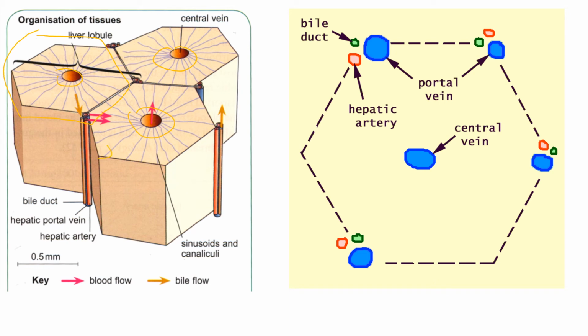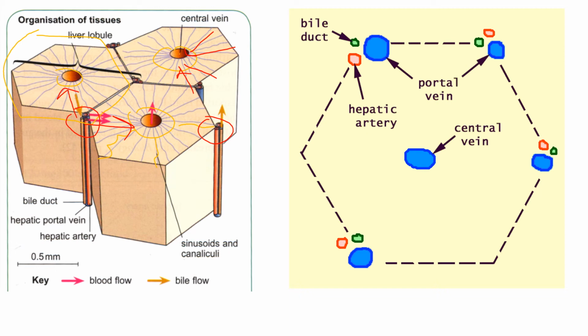And the blood is flowing in towards that central vein every time. It flows past and it's going in to that central vein. Okay, and you can see those blood vessels in the corners, so in between the lobules.